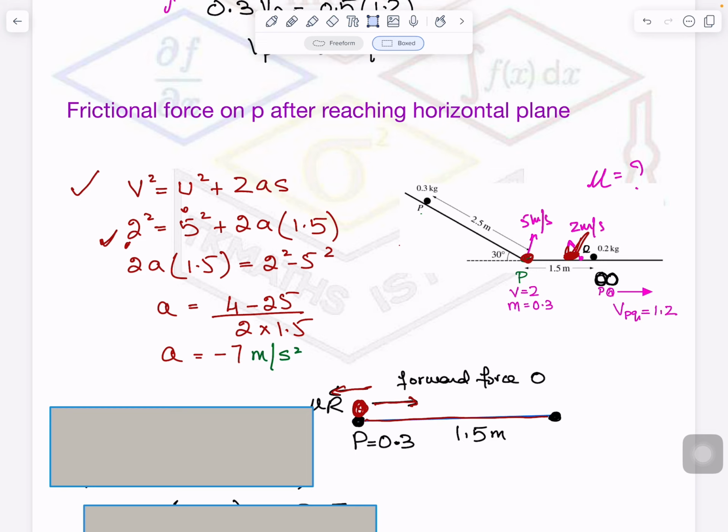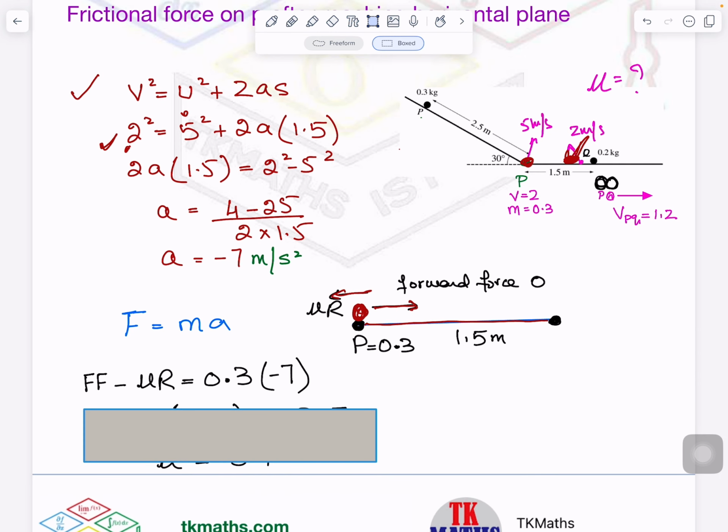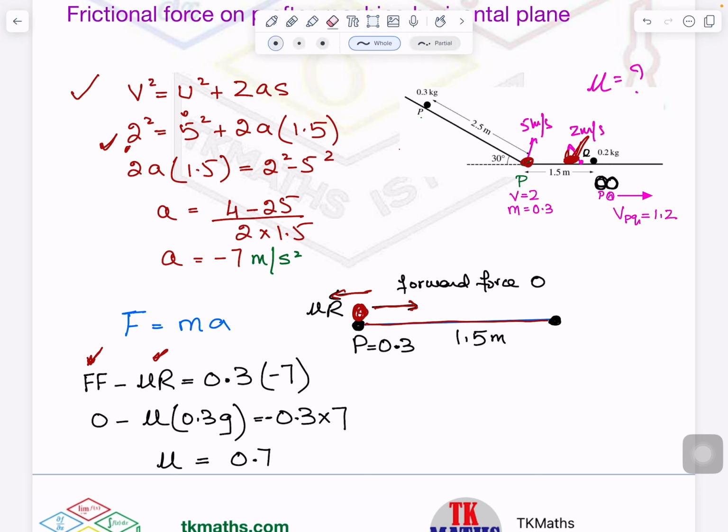So now what I will do, I will write Newton's second law of motion, F equals ma. So this is your forward force minus mu R, because the resultant force, how do we find it? By subtraction here, right? So forward force minus frictional force is equal to ma. Now the forward force is 0, so I will write here 0 minus mu R. Mu I have to find out.